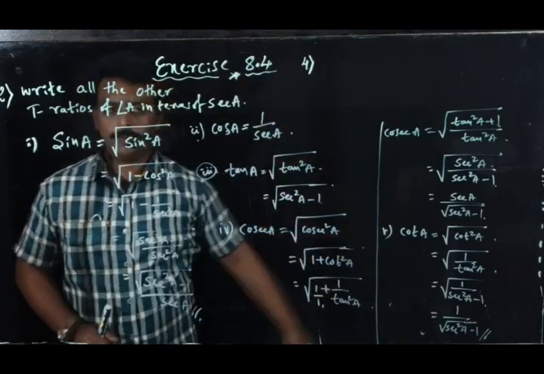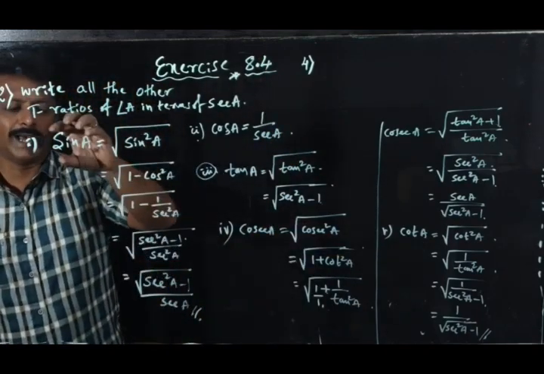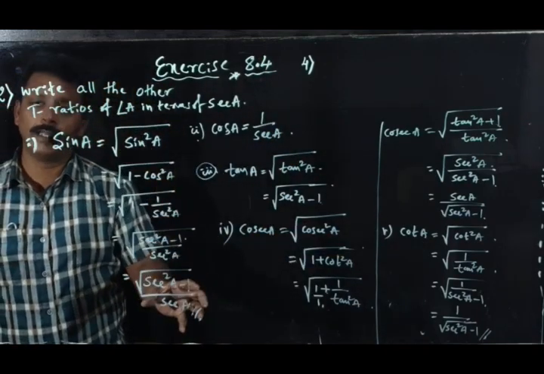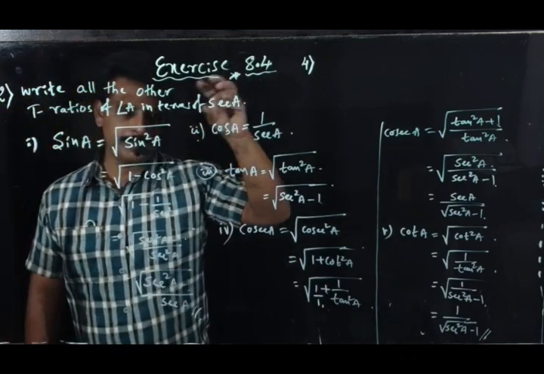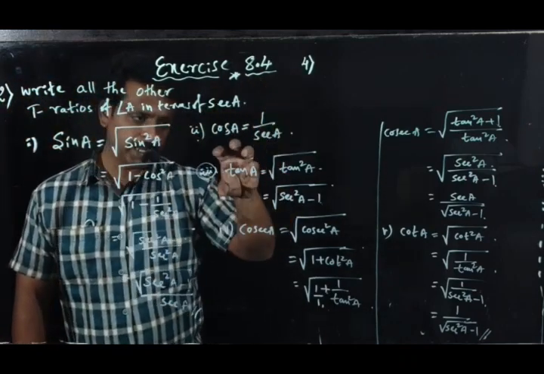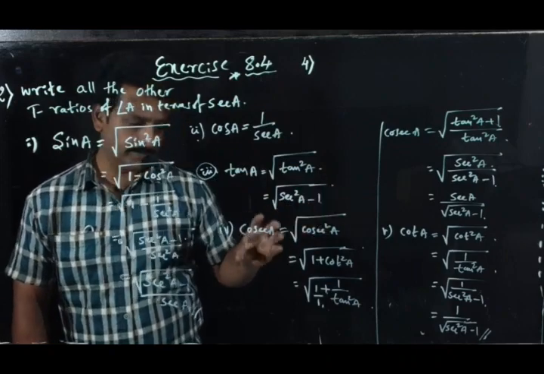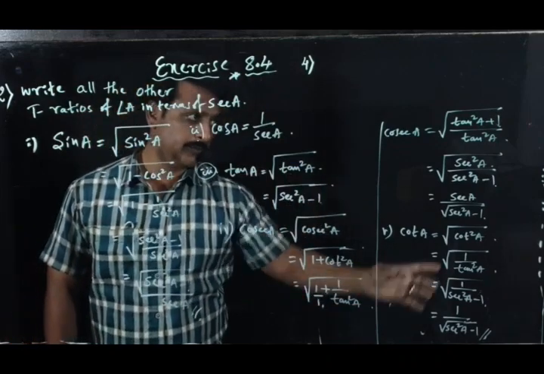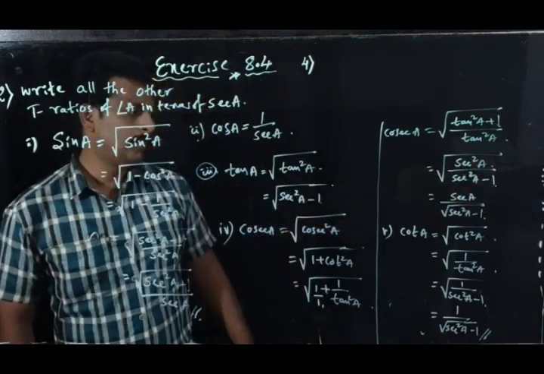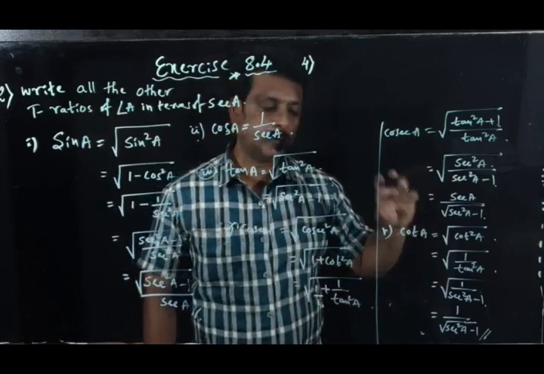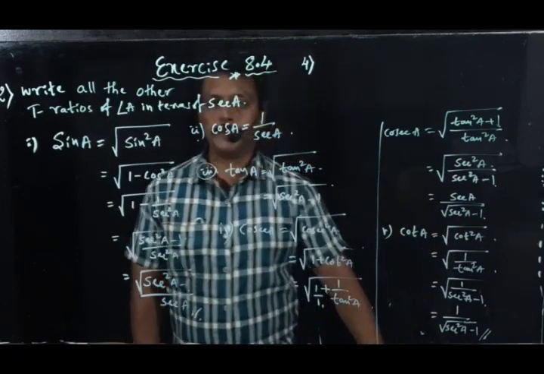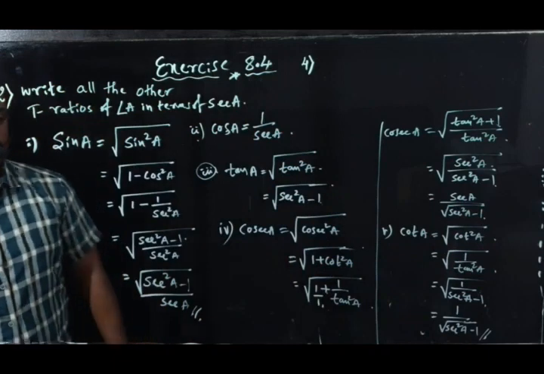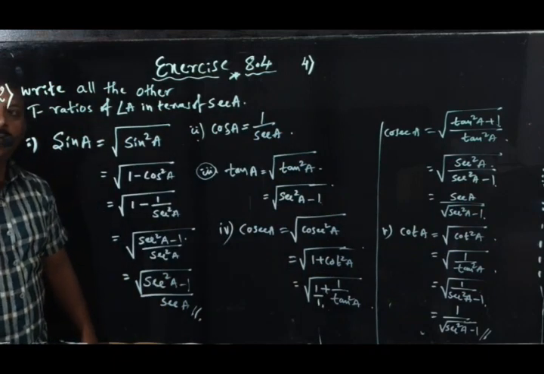All of you observe, if you have a confusion: sine I expressed in terms of sec like this, cos I expressed in terms of sec, tan I expressed in terms of sec, cosec I expressed in terms of sec, and similarly I converted cot also in terms of sec. Okay, so I am keeping myself to one side. All of you observe it.